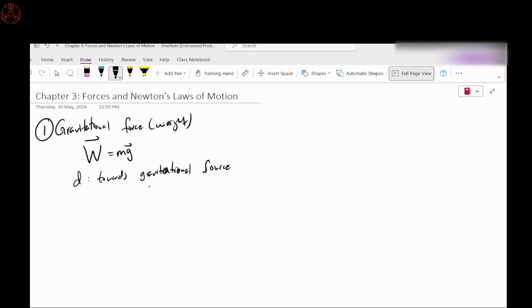So if your gravitational source is under you, then the direction is going to be downwards. Imagine there's a box hanging in the air for some reason, then your force will be downwards.